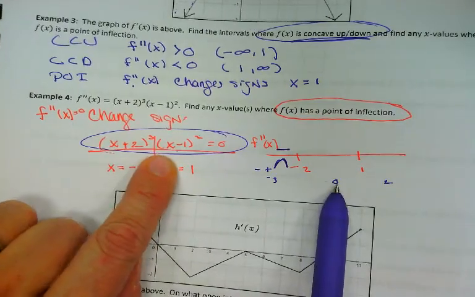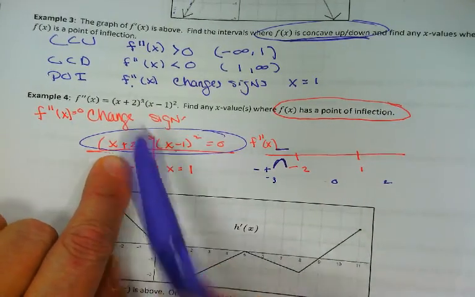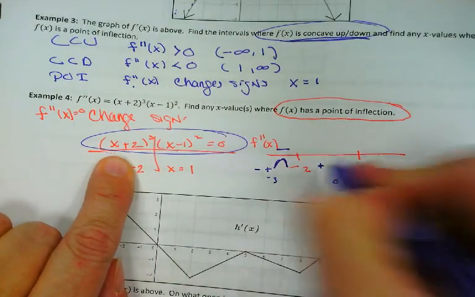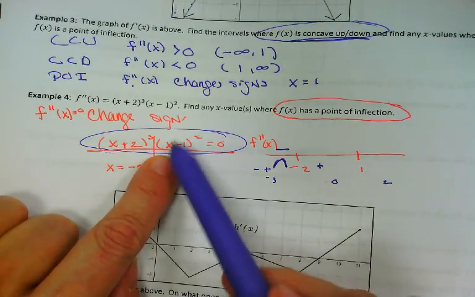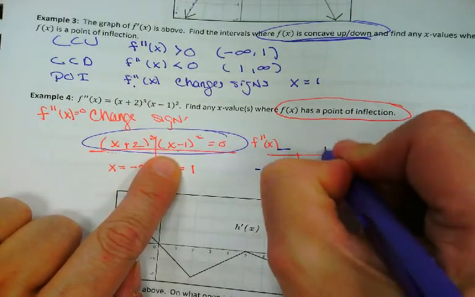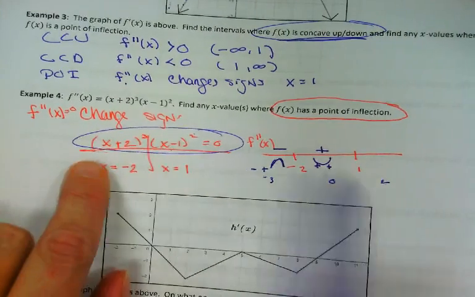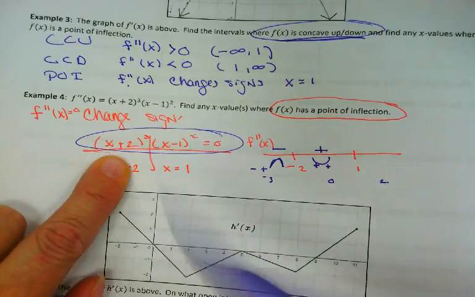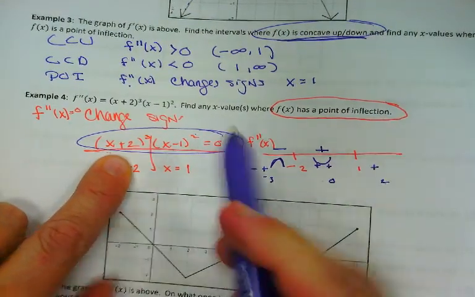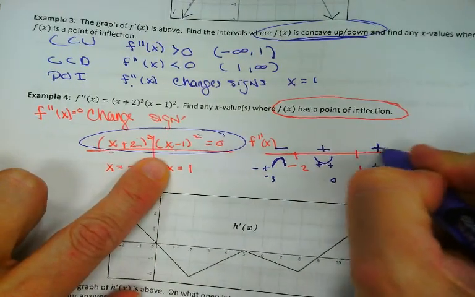If I plug in a 0, 0 plus 2 is a positive, and 2 cubed is also a positive. Again, I'm squaring this. Anytime I square it, it's going to turn out to be a positive. So this is a positive and concave up. If I plug in a 2, 2 plus 2 is 4, cubed is a positive, and I'm always squaring this, so it's always a positive.